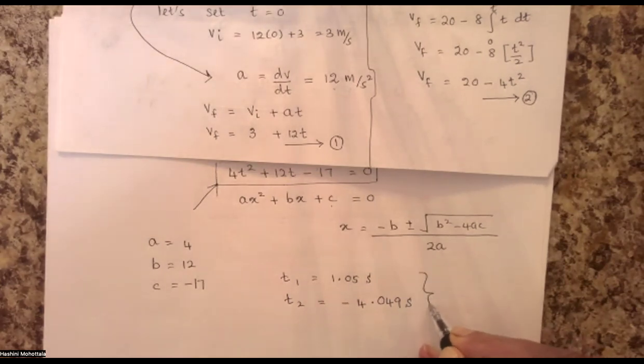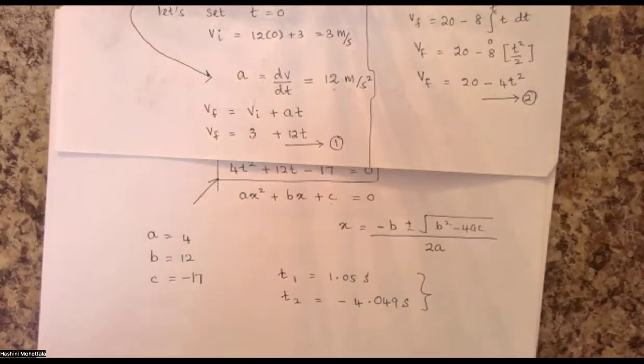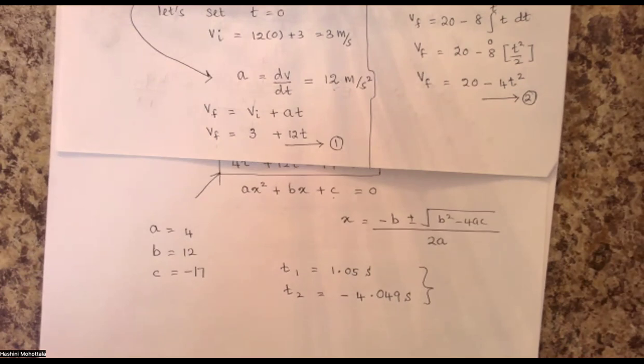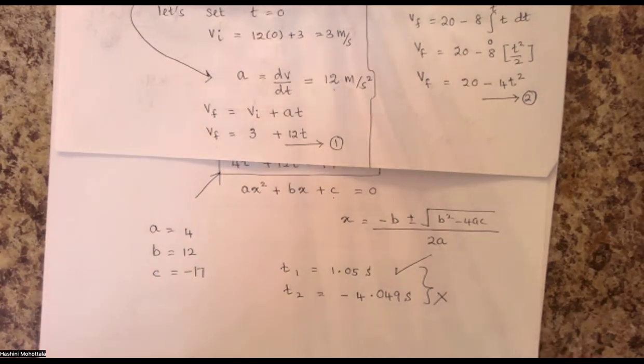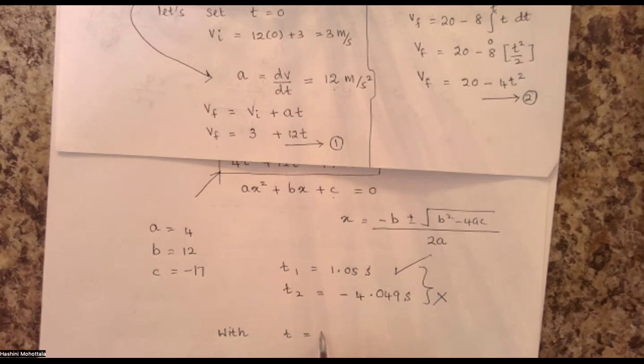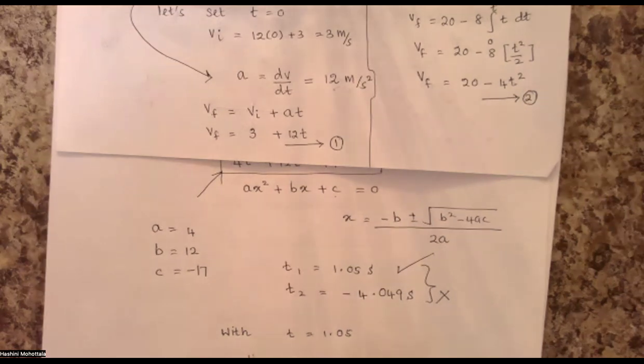These are the roots we get when we solve the quadratic equation, and then we pick the positive value because time cannot be negative. With t1 equal to 1.05, we can use equation number 1 to find the final velocity.